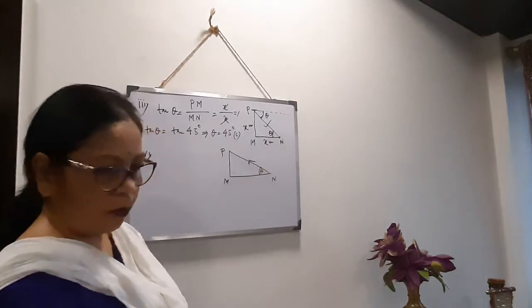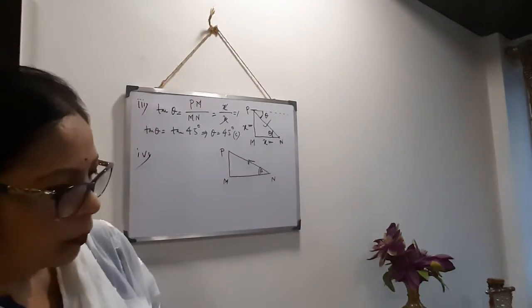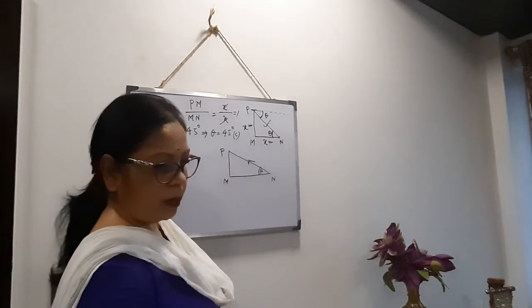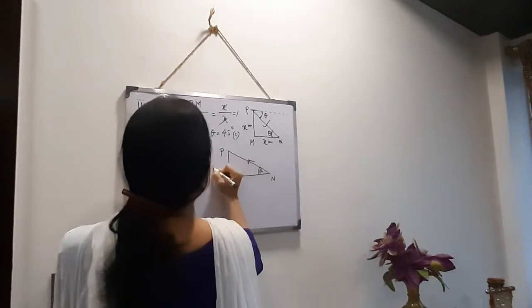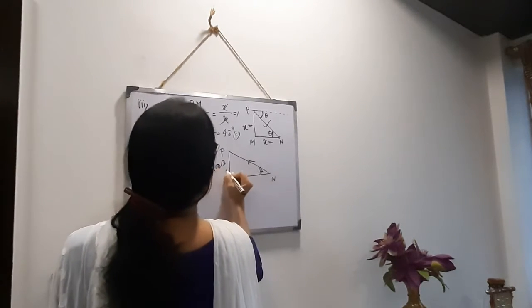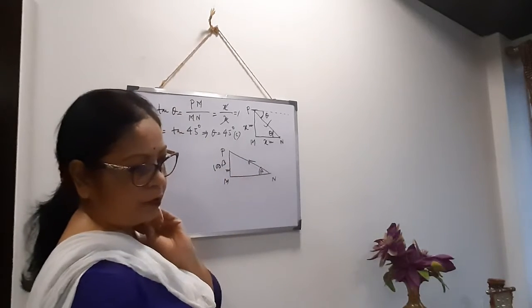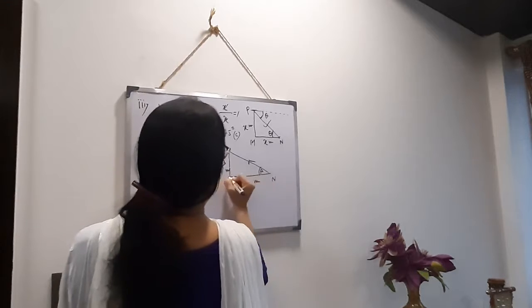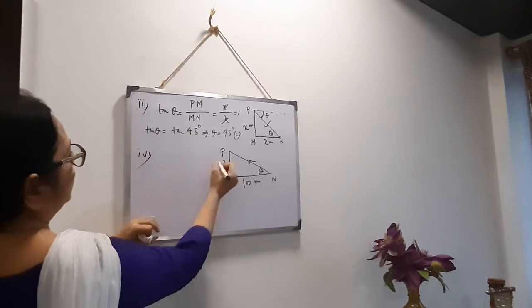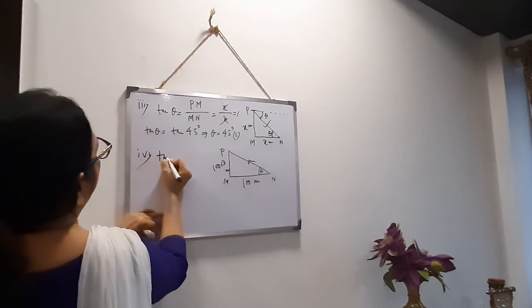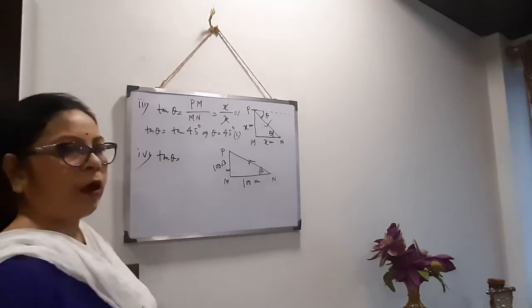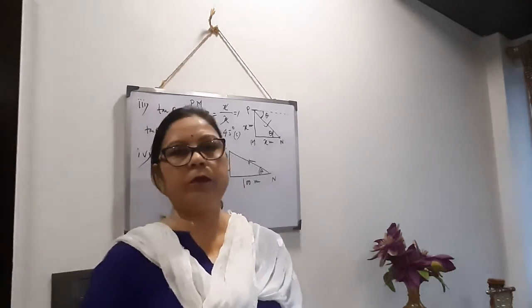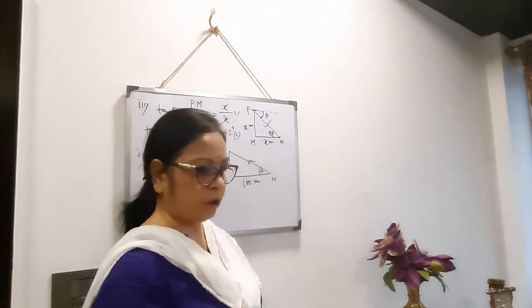Clear? Now it is told that the height of the tower is 100 root 3 meter, and the observer is at a distance of 100 meter from the foot of the tower. Then calculate theta. Again perpendicular and base. In most of the sums you will see you have to apply tan. In very few cases you will apply sine or cos.